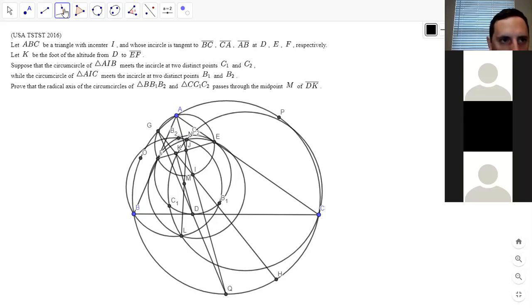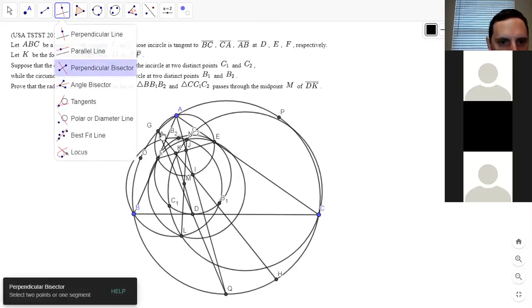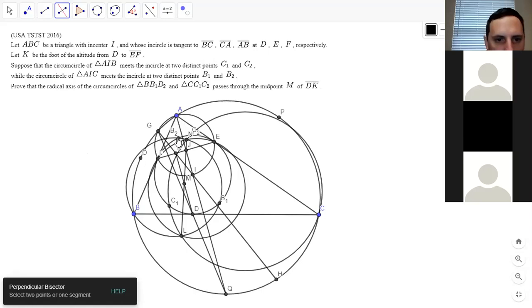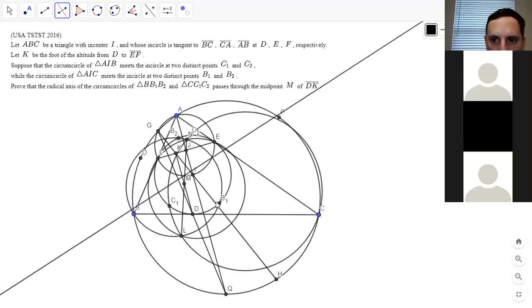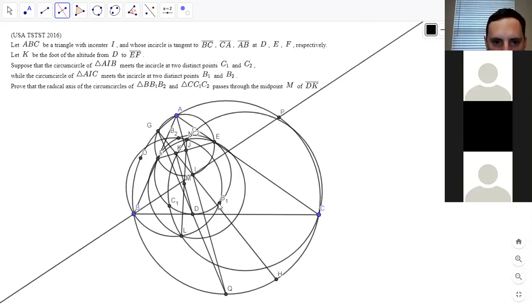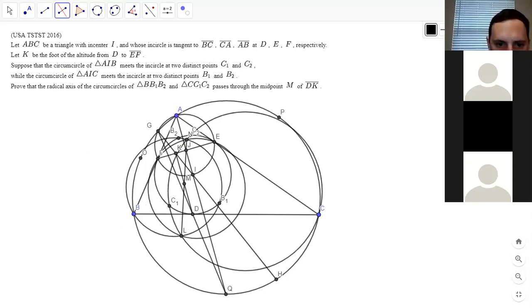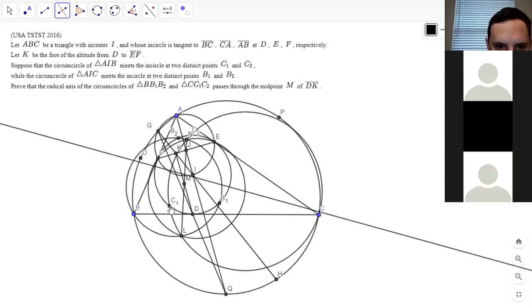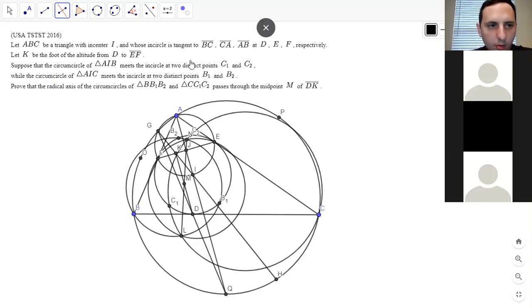Wait, sorry. I want to use this. CC1 is equal to CC2 then. Wait. Oh, no, because I made that N instead of C2. Okay.